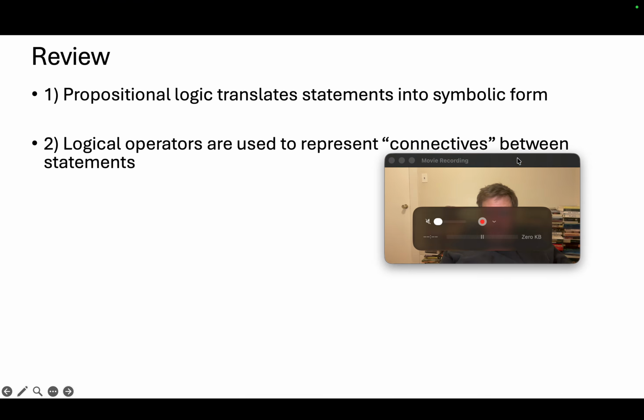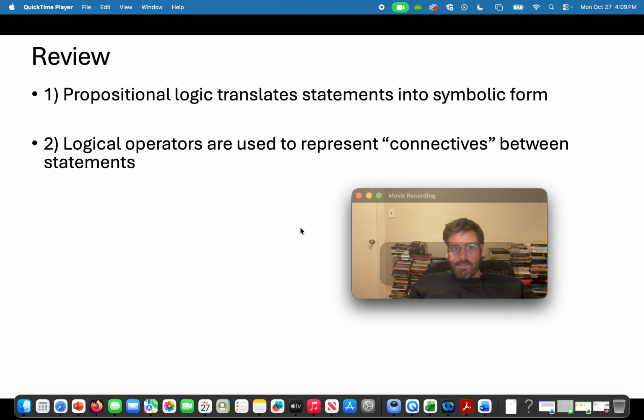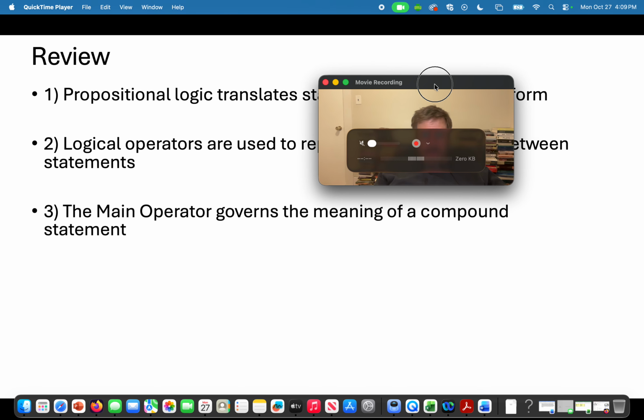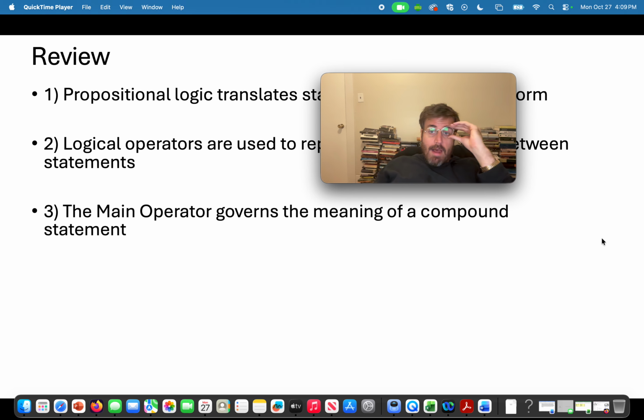Logical operators are used to represent connectives between statements, so we can build up from simple statements to complex statements with logical operators. And we learned that there are these different operators that we translate with various symbols. The main operator is the most important single operator in a complex sentence. The main operator governs the meaning of a compound sentence, right?